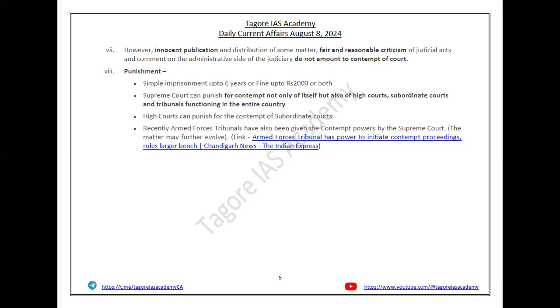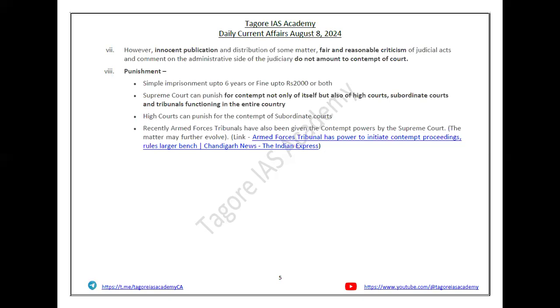Similarly, the Constitution does not grant any contempt powers to the subordinate courts. That power also resides with the high courts. And the last point, which is in the news just a few days back, is that Armed Forces Tribunals have also been given contempt powers.